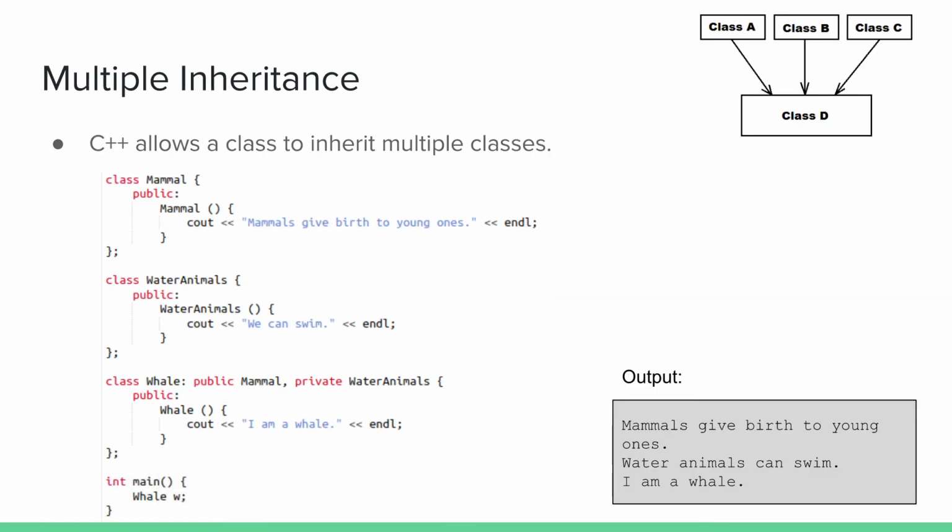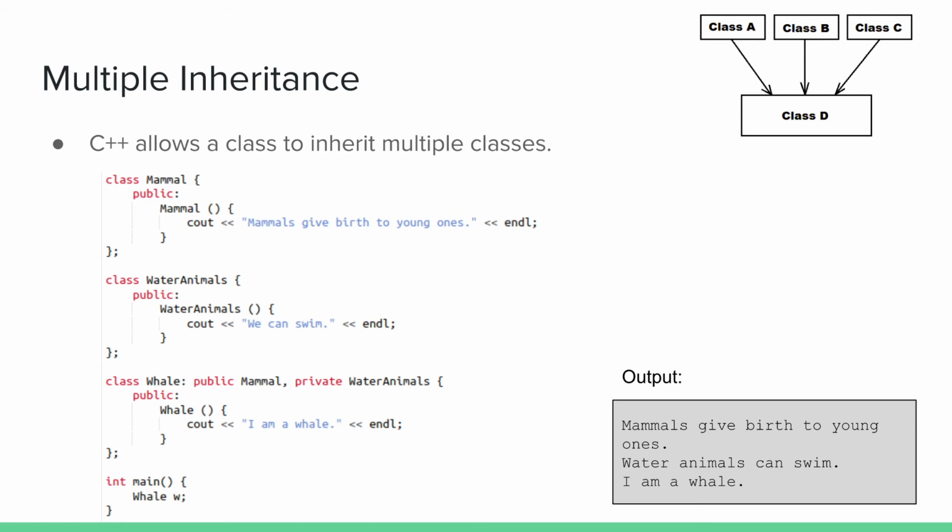Next is multiple inheritance. As you know, inheritance is an important pillar of object-oriented programming. It is the mechanism by which one class is allowed to inherit the features of another class. The features being the fields, the data members, and the member functions.